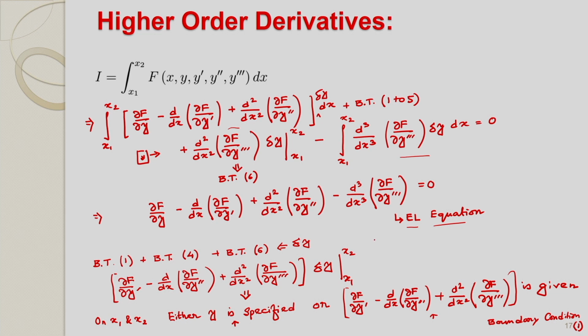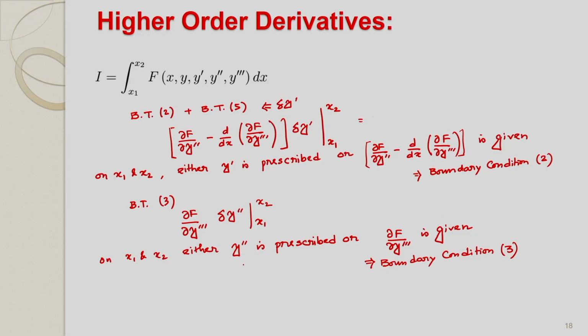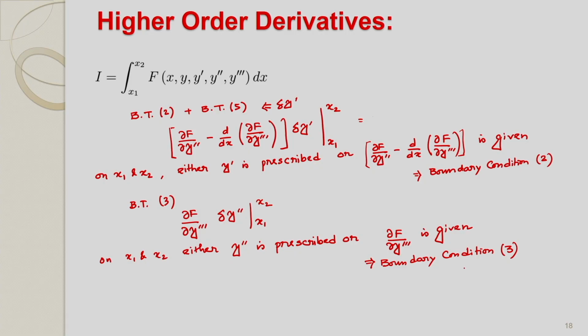This is the governing differential equation, and because our functional is involving up to third order derivative, there are 3 sets of boundary conditions on y, y prime, or on y double prime, or there can be associated natural boundary conditions.